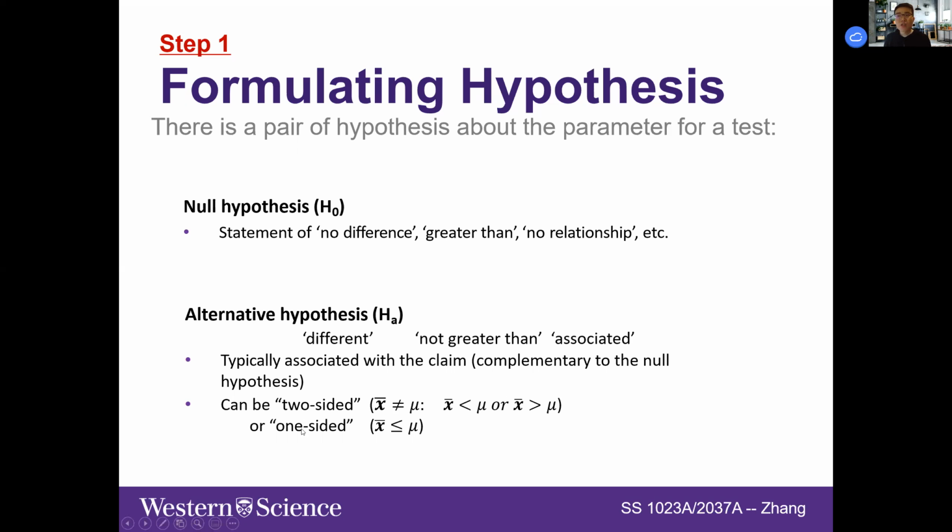The one-sided case refers to an alternative looking for greater than or smaller than. In this case, we only have one region to look at. When we look at smaller than, we only consider whether our x bar is smaller than mu, and we're not worried about the other side. That's why we call it one-sided.